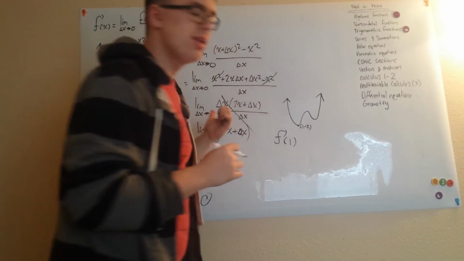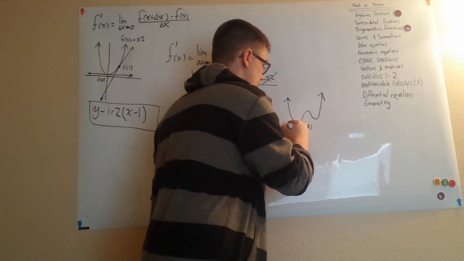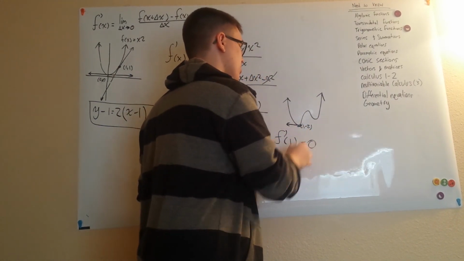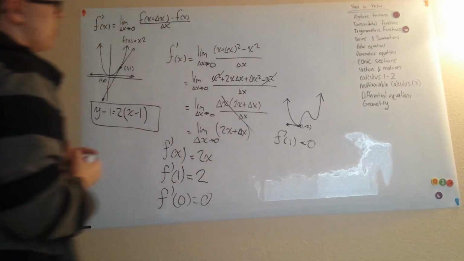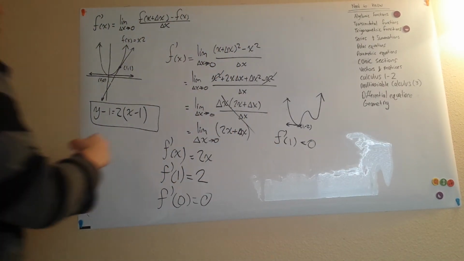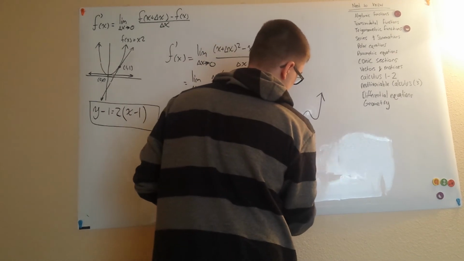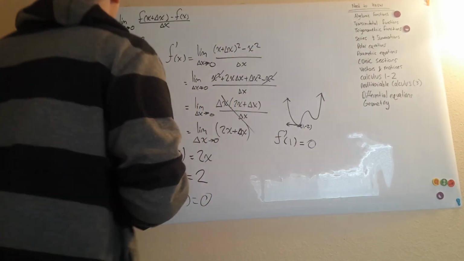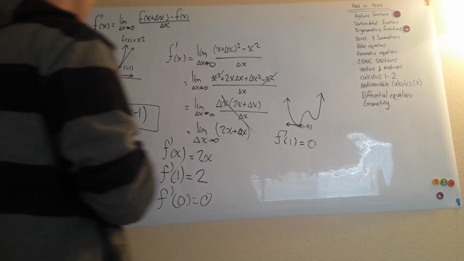You know what the meaning of this is. It's the slope of the tangent line at that point. Well, the slope is 0 because it makes a horizontal line. There you go.